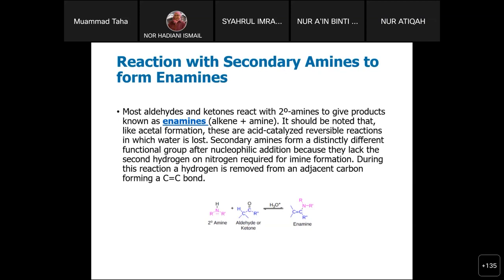The problem with the secondary amine is that it has only one hydrogen. It cannot form a carbon nitrogen double bond because one bond of the nitrogen is attached to the carbon chain. We will see this in the mechanism, because that will become clear. Okay, go to the next slide.